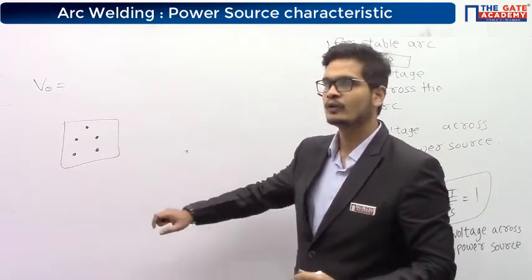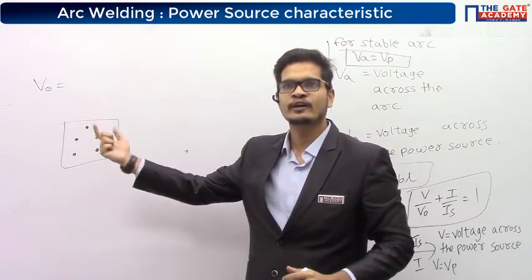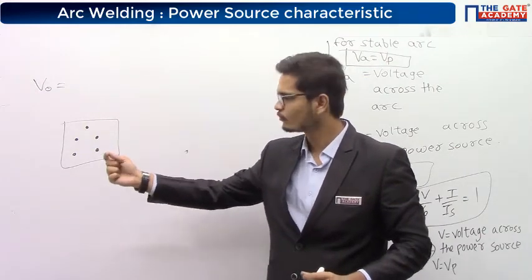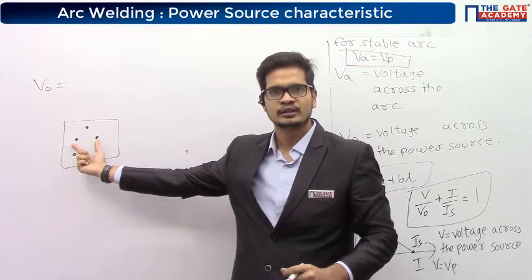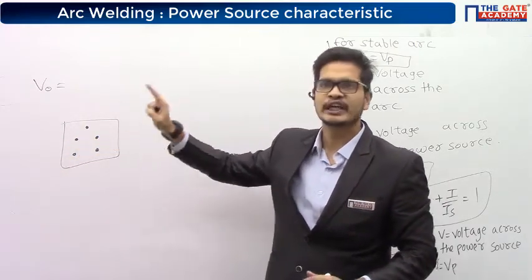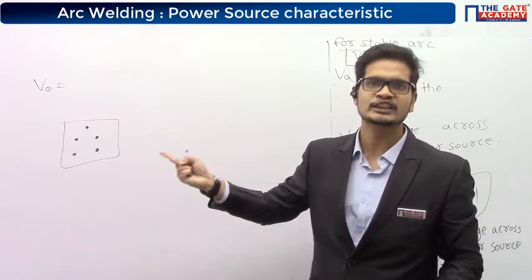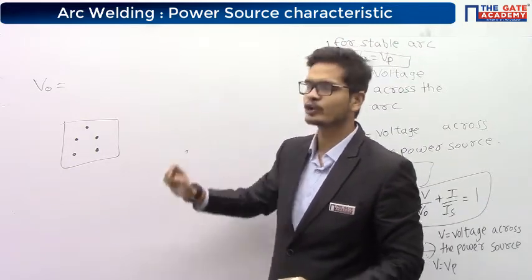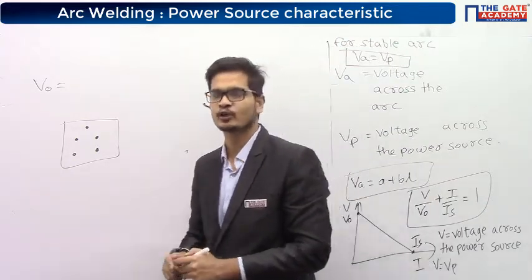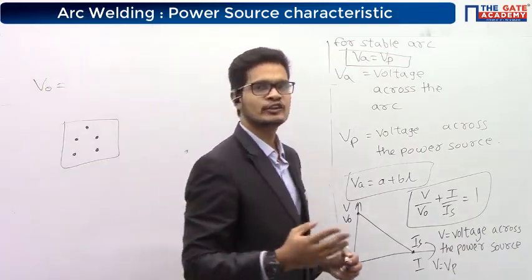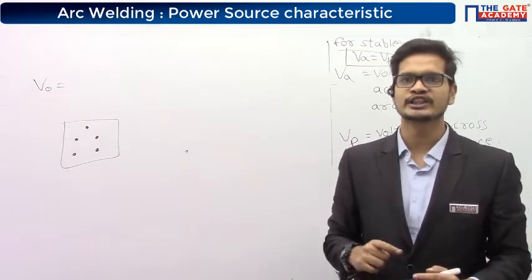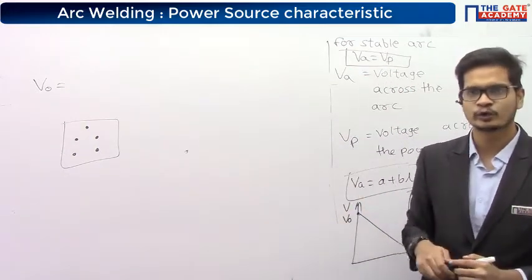So, if you simply take a voltmeter and attach it to this and switch it on, the voltage that it will show is nothing but open circuit voltage. So what is open circuit voltage? It is the maximum voltage under no load condition.